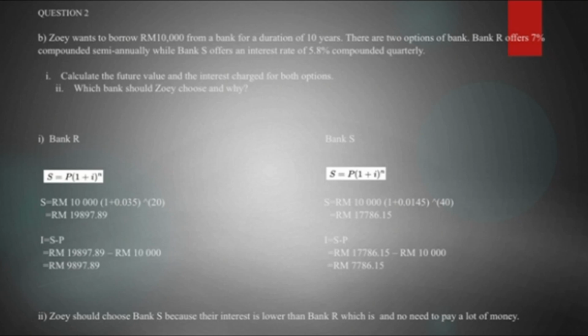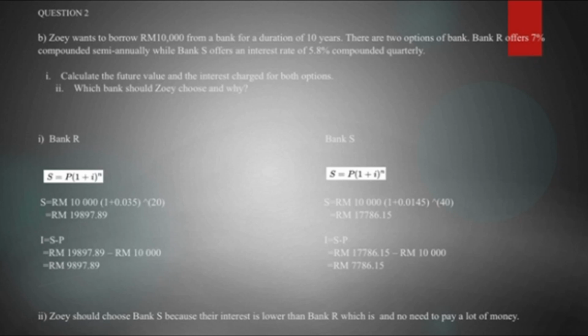So we want to find the interest of Bank S. We use the formula I equals S minus P. We put the answer of S, which is 17,786.15 minus 10,000. The answer is 7,786.15.